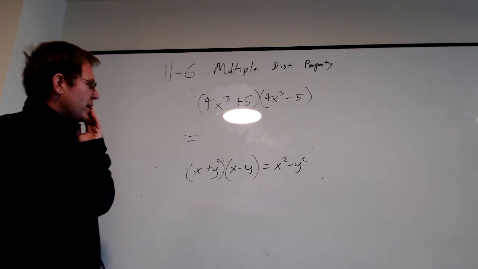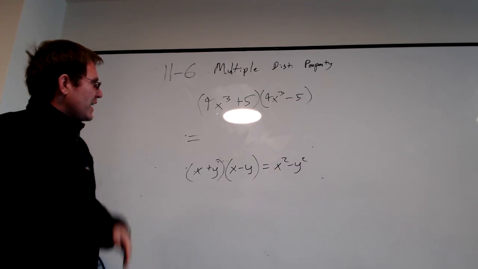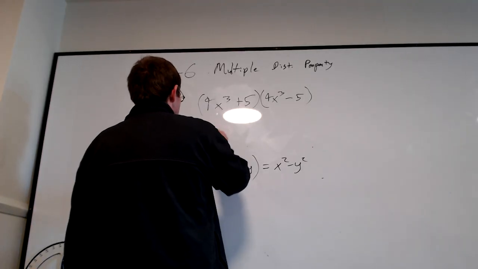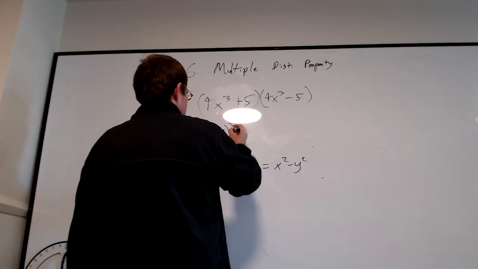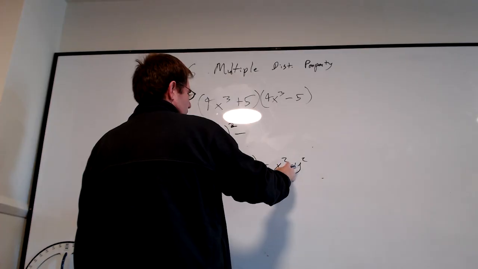So what number are we squaring for x? It's a 4. So it would be 4x to the third squared, minus y squared.